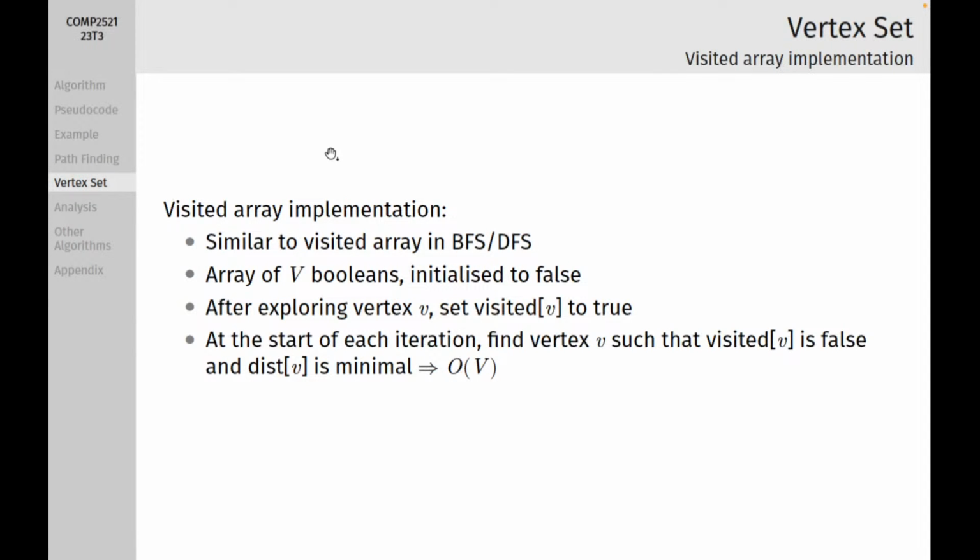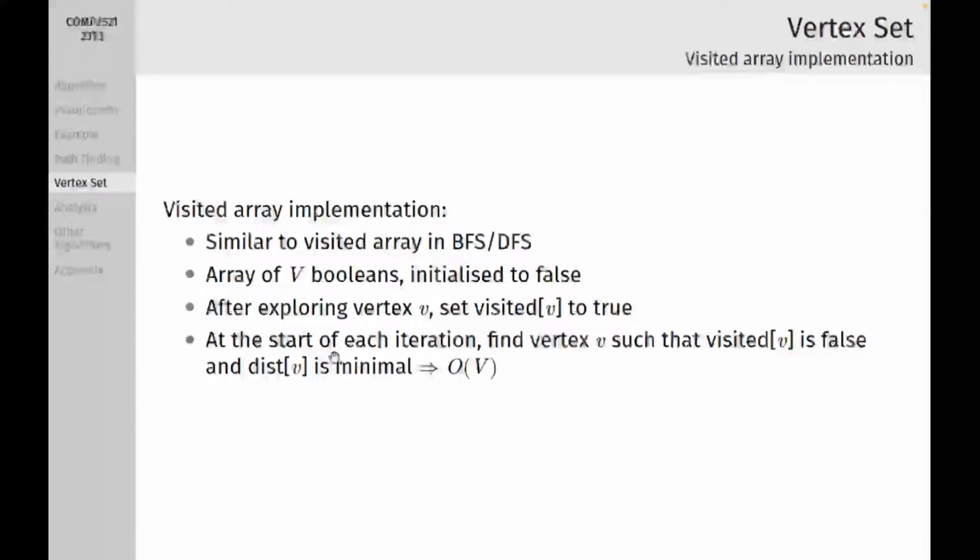In the visited array implementation, all you do is create a visited array of V booleans, initialized to false, and every time you visit or explore a vertex, you mark it as visited. So you're using this array to tick off all the vertices as you explore them. So what is the cost of this implementation?